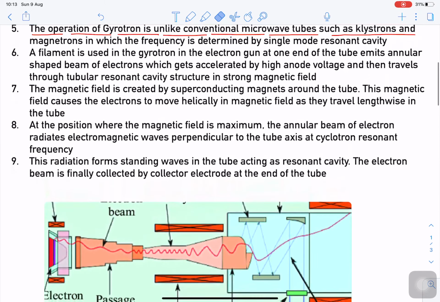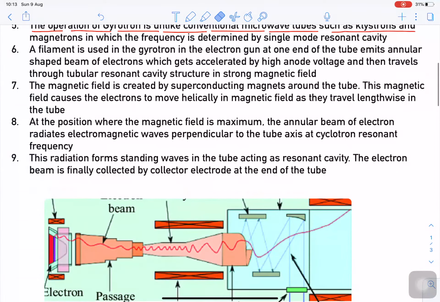A filament is used in the gyrotron in the electron gun at one end of the tube, and it emits an annular shaped beam of electrons. The annular shape means, so this is the linear beam of electrons, this is a linear beam, we can show in an arrow direction.